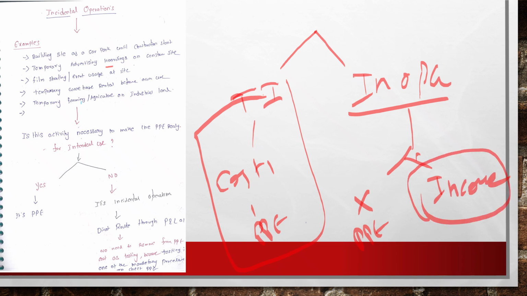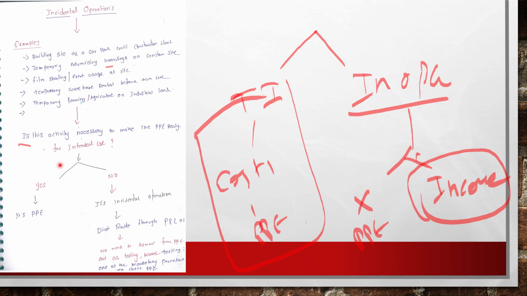Don't get confused if any questions come from this concept. Before, we already explained this. Is this activity necessary to make the PPE ready for its intended purpose? If this condition is yes, it should be PPE. If the condition is no, it is an incidental operation. I already explained this, right?